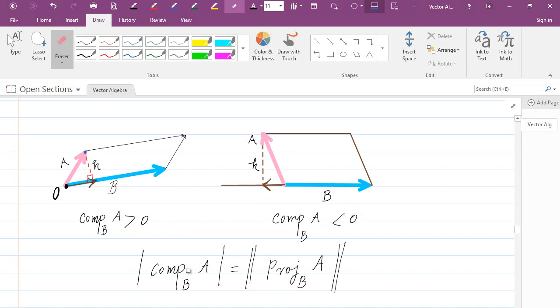And the relationship between the component and the projection is that the magnitude of the projection vector is equal to the absolute value of the component, which is a scalar.